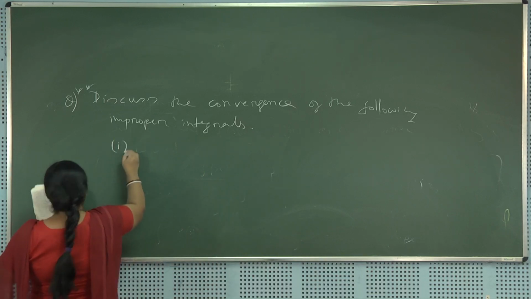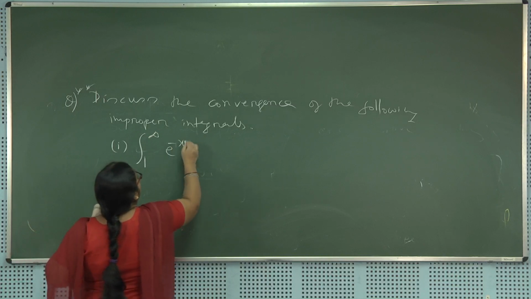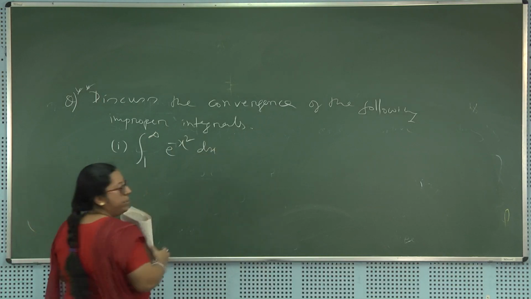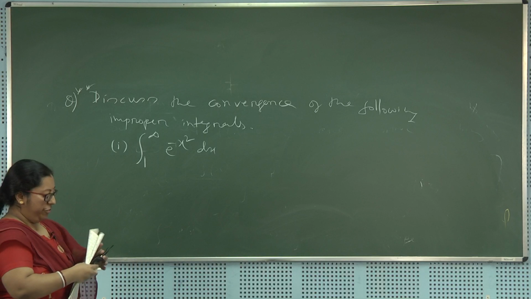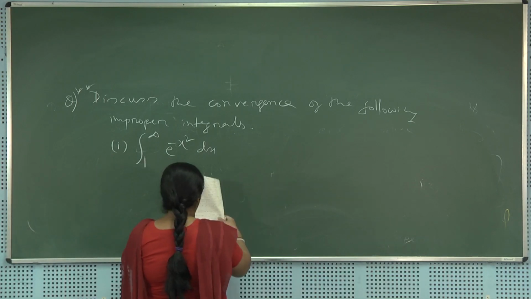First one, say we will try to solve the integral from 1 to infinity of e to the power minus x square dx, the integral which we do not know how to do. Convergence and divergence, so this we will now show with the help of the theorem.